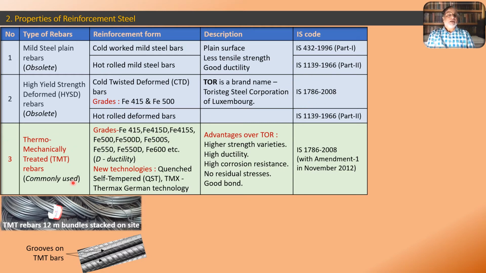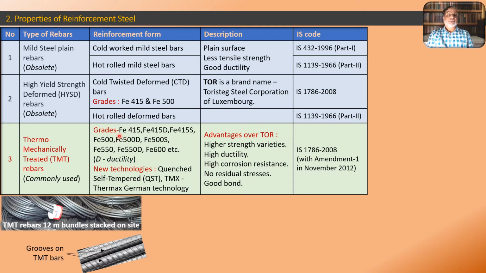Now we come to the last, which is the important type of steel for us. This is thermomechanically treated, that is TMT rebars. These are commonly used. Now what are the grades? Whenever we do the design hereafter in RCC, we will be using all these grades of steel.